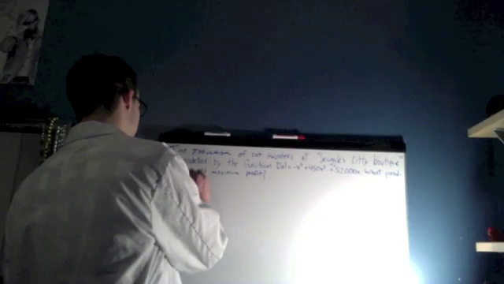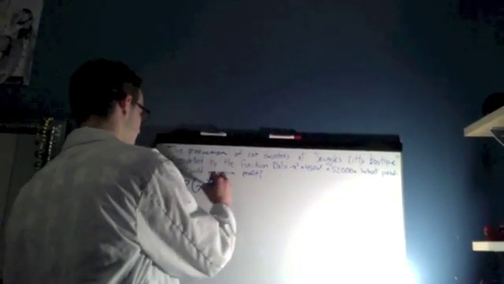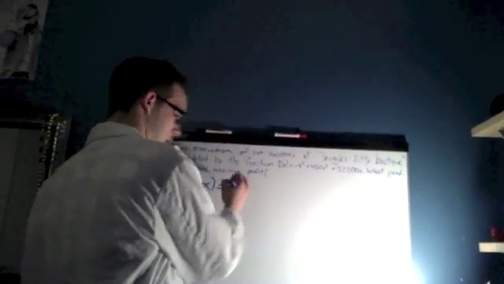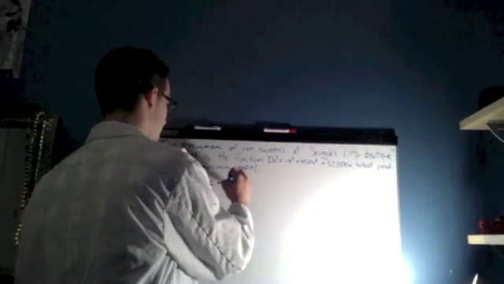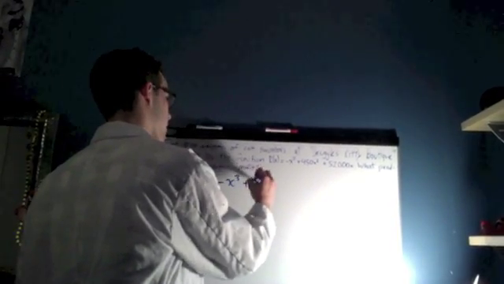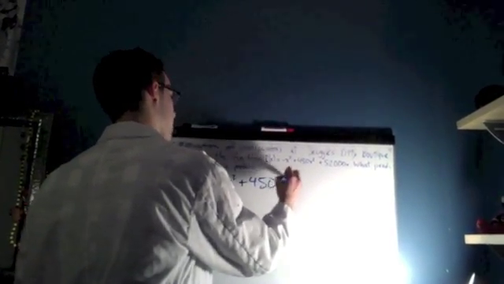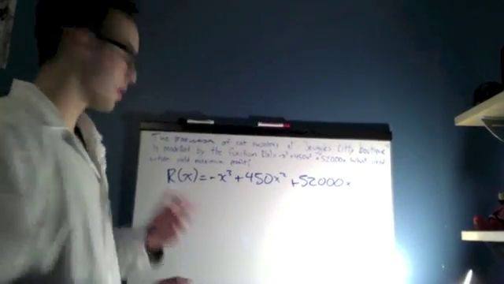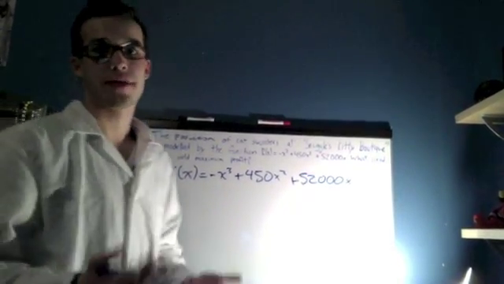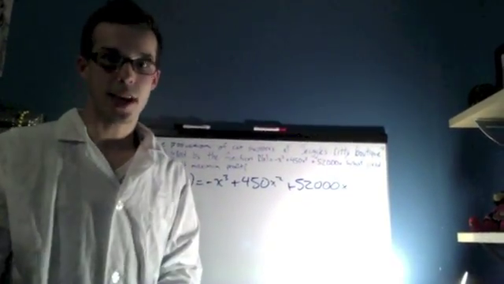The way we do that is we're going to write out the function again, negative x cubed plus 450x squared plus 52,000x. And we're going to try to find out when that's greater than 0. In order to do that, we need to find our zeros, wherever it crosses the x-axis.